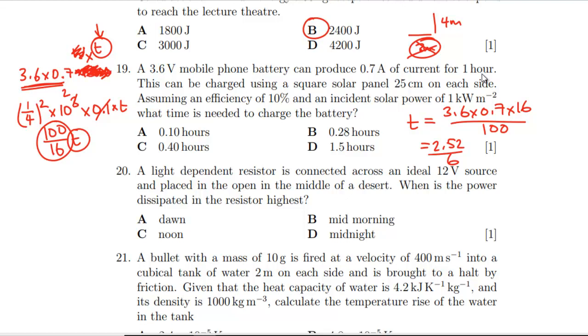It's going to be divided by a little more than that, because 16 over 100. If it was 16 and a couple of thirds, then we would have got divided by 6. So it's dividing it by a little bit more than that. But either way, that's going to come out as C.